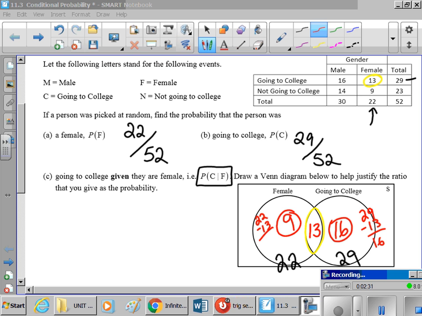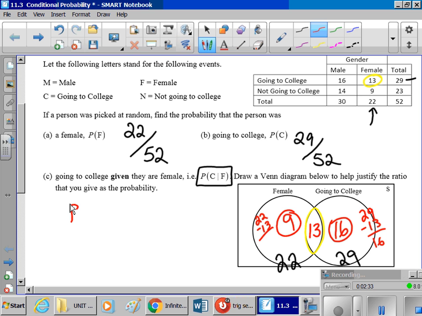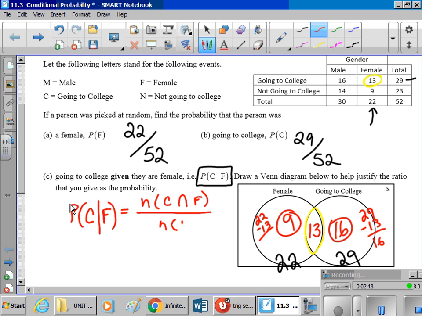So when we're trying to figure out the probability of college given female, this is going to equal the number of college and female divided by the number of females. So if we do this, now it's the number of ands.